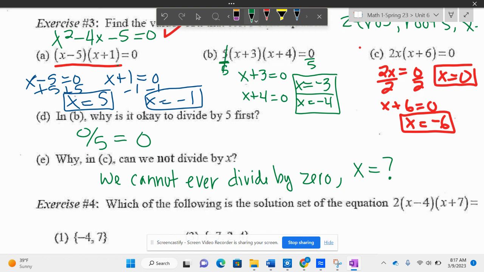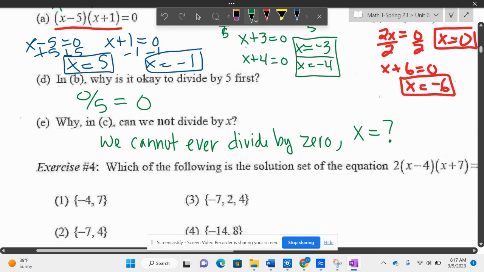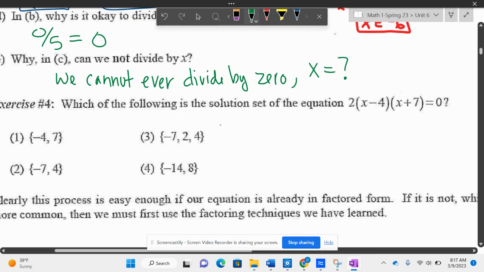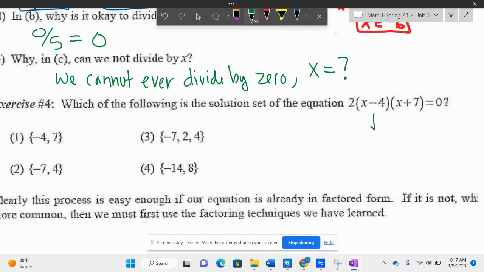So go to exercise number 4 at the bottom. And so this is a multiple choice question. It just says, which of these choices is going to be the solution for this equation? So I want you to think again about what Reese said. Reese said that the solution to x minus 4 is the opposite.